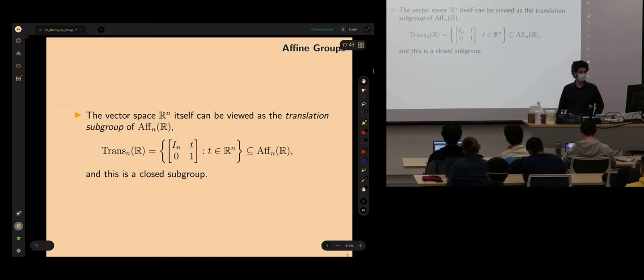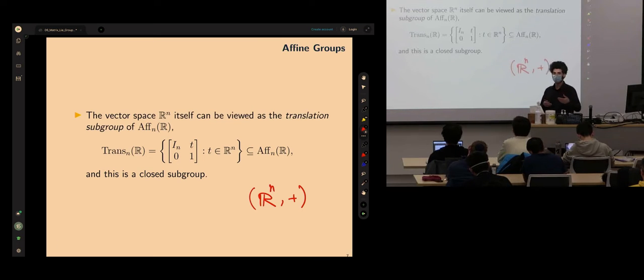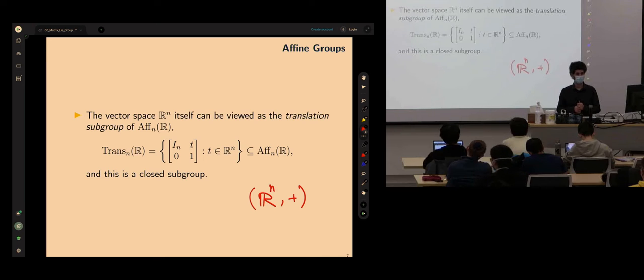You could think about translation as a matrix group too. This is so general that it covers also, if you talk about Rn and addition, right? We could talk about a vector space of Rn, Euclidean space, and form a group using addition. We could use a matrix group, in particular the affine group, and just set the linear transformation as the identity always.